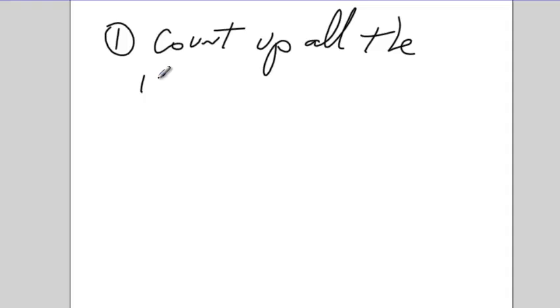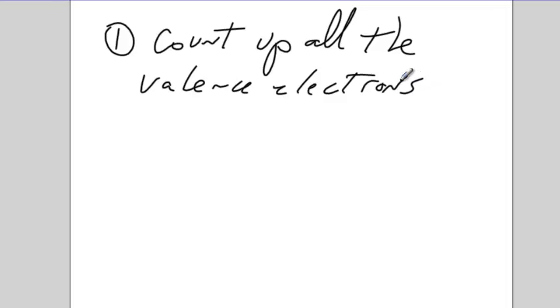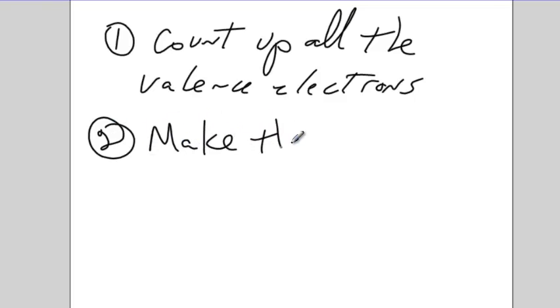So far, if I'm talking about Lewis dots, I've got a couple of rules. 1, count up all the valence electrons. Now, don't worry about where they came from. Which ones were the carbon electrons? Which ones were the hydrogen electrons? That won't get you very far. Just count them all up and put them in a big pile. Then you're going to make the skeletal structure.